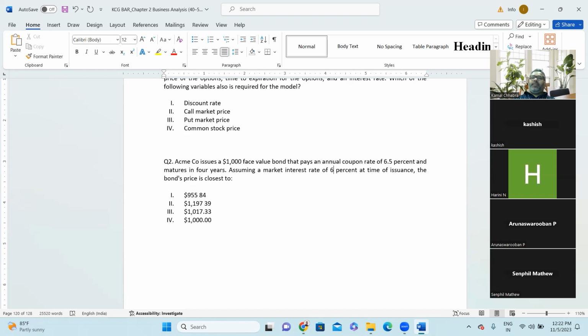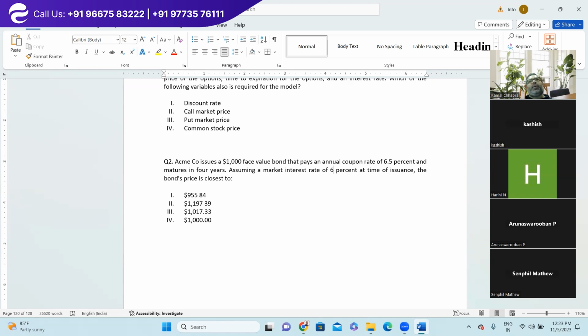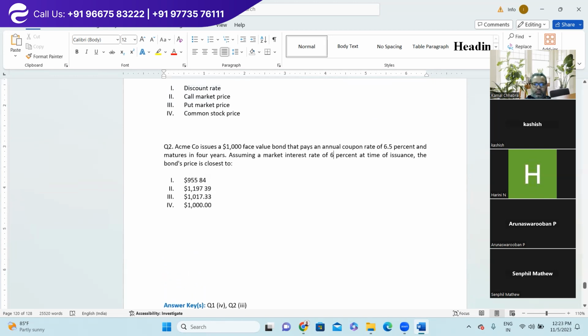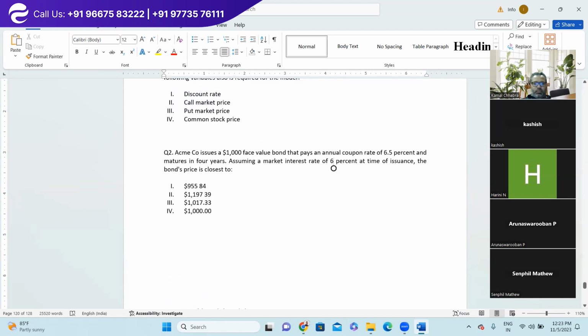So the premium will be, for example, 1000 is the face value multiplied by 6.5%. That is $65. Right? $65 divided by 6%. How much is it? 1083. One second.